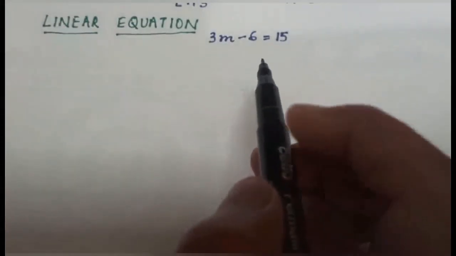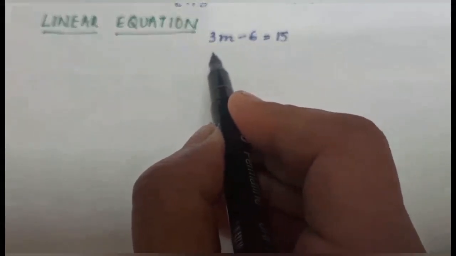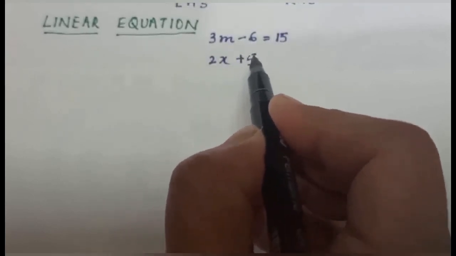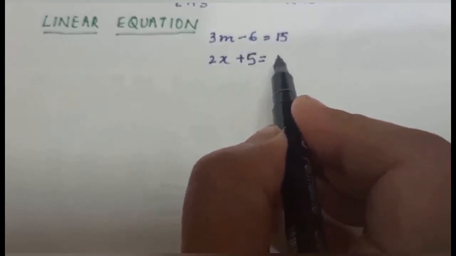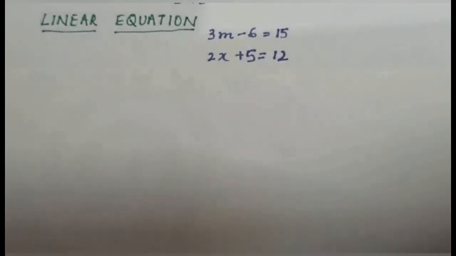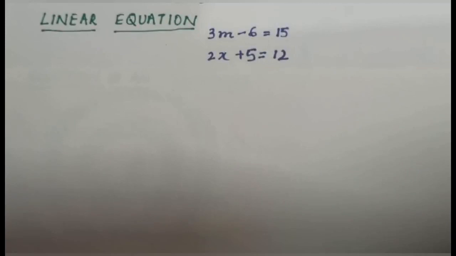Next example: 5 added to twice a number x means 2x plus 5 is equal to 12. This is also a linear equation, because the variable x has power 1 only. So a linear equation means an equation in which the power of the variable is 1.